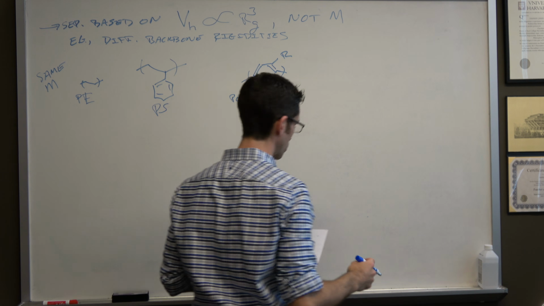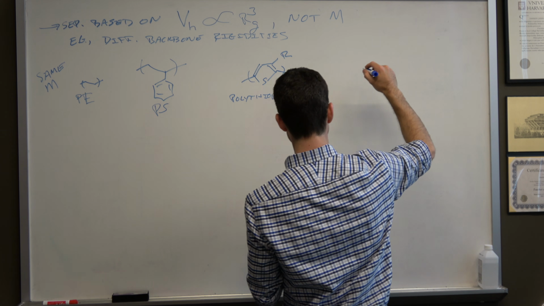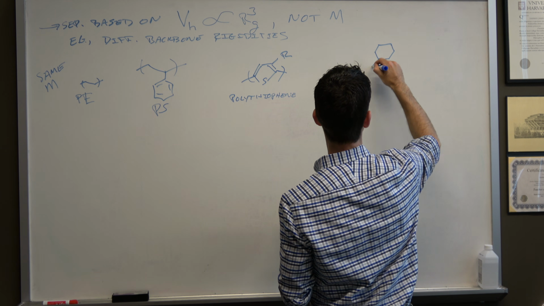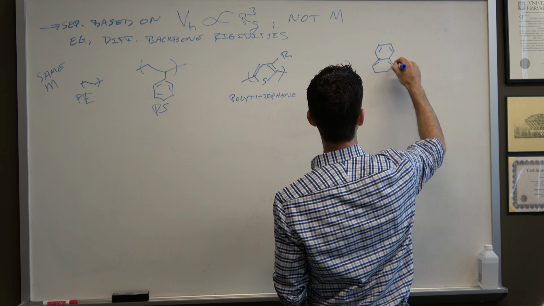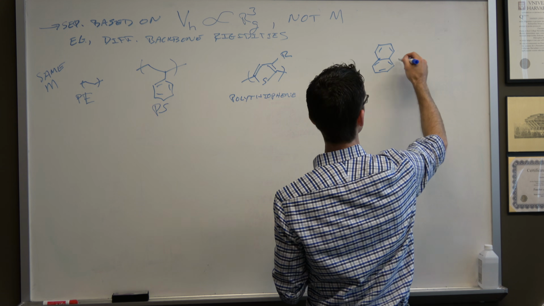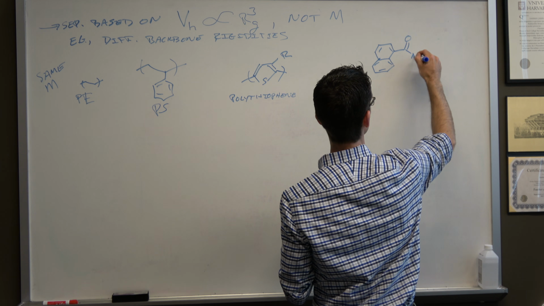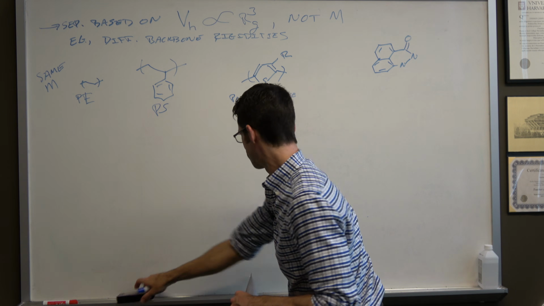And then let's take a crazy polymer called a ladder polymer. We're showing this just to show how crazy stiff a polymer chain can become.